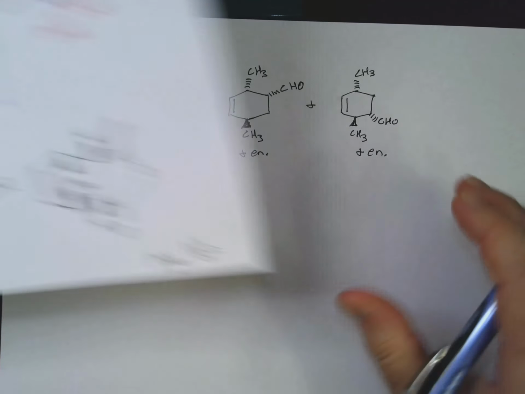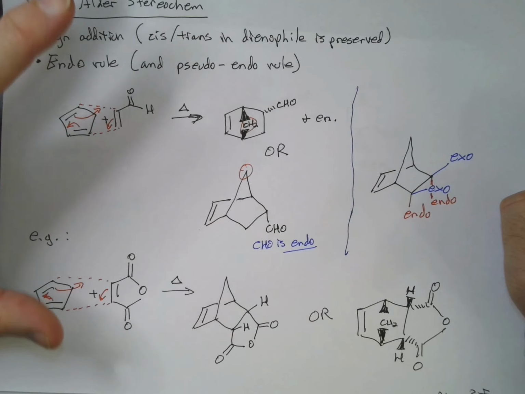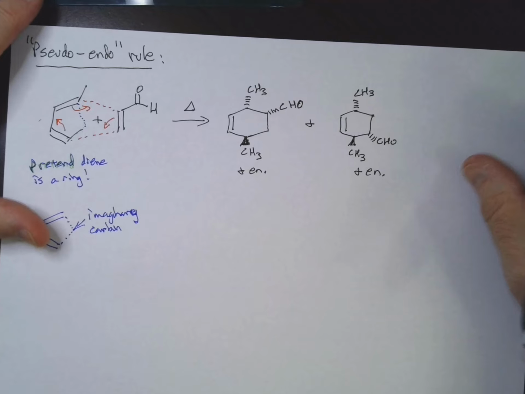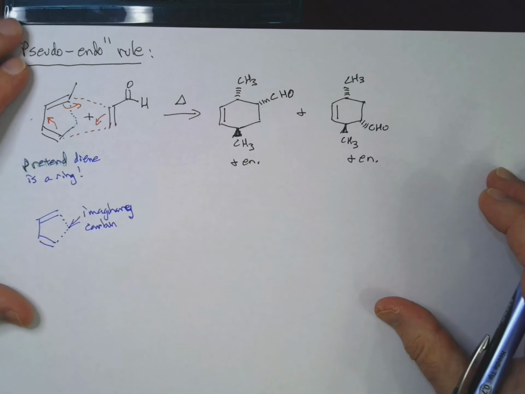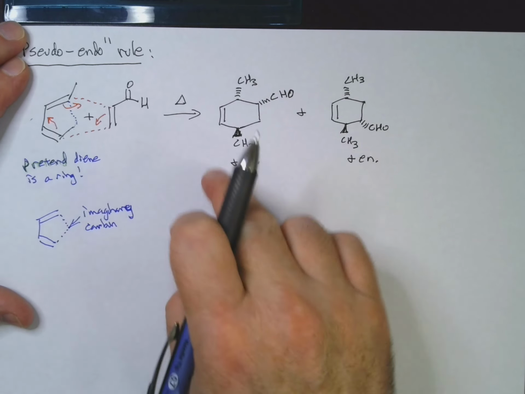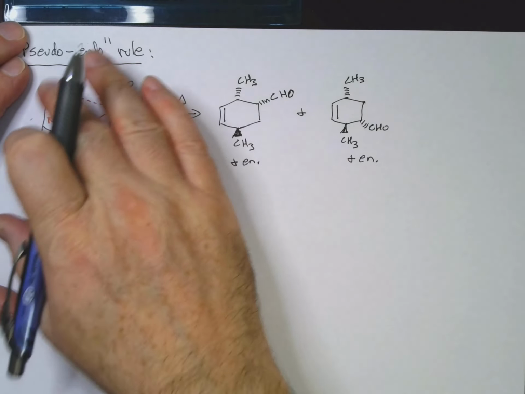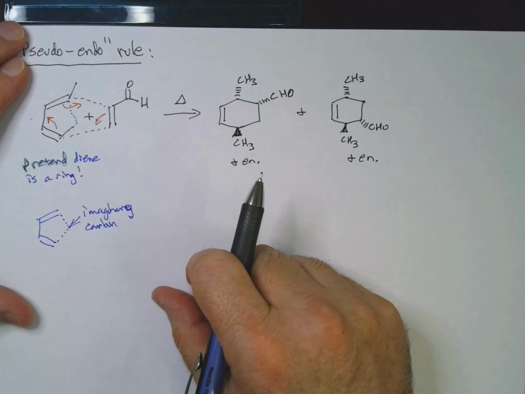But definitely familiarize yourself with the endo rule. The text does go over the endo rule. The pseudo-endo rule is not really mentioned in the text, but it's something that I like to mention, so that way you keep all of your relative stereochemistry the same. Because definitely when this guy reacts, these methyl groups are going to be trans to each other.